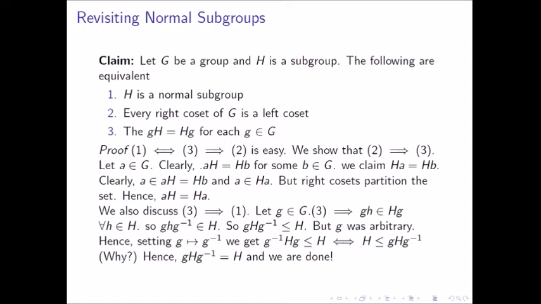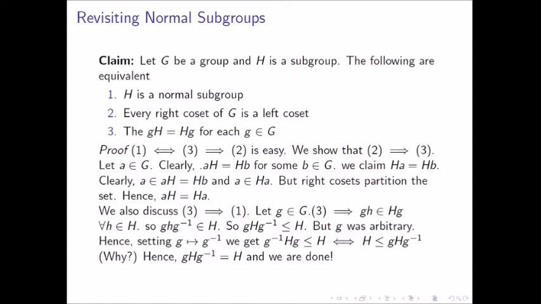We now discuss 3 implies 1. Even though it's pretty obvious, a pretty naive mistake over here is to take G inverse on the right hand side and say we get G inverse is equal to H. That's incorrect. What we'll get is G inverse is a subset of H over there. So we have to show the reverse inclusion as well. So let's see.